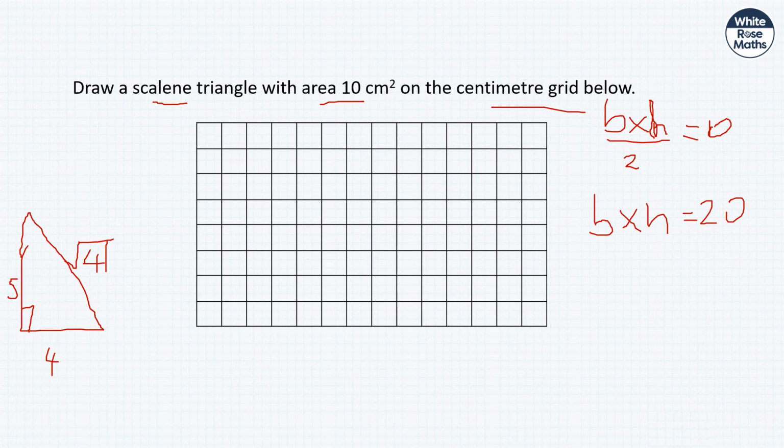That means that all three side lengths are going to be different. So 4 by 5, sorry again guys, make sure that a ruler is being used here. So 4 by 5, 1, 2, 3, 4, 1, 2, 3, 4, 5. Bang. That would also work.